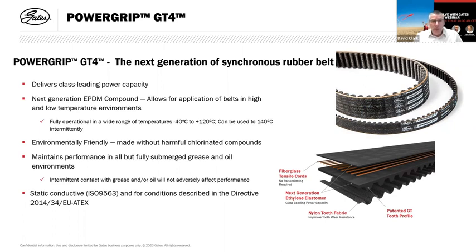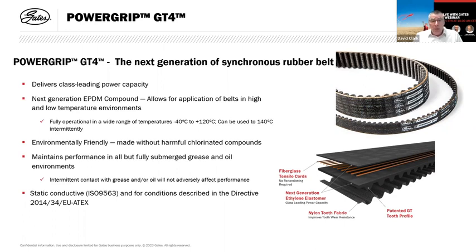The vast majority of rubber belts that have been made for the last 50 or 60 years have been based on chlorinated rubber compounds, and as we know, these are not the most environmentally friendly products. So we are looking to eliminate these from our belt designs going forward, trying to make our belts more sustainable.